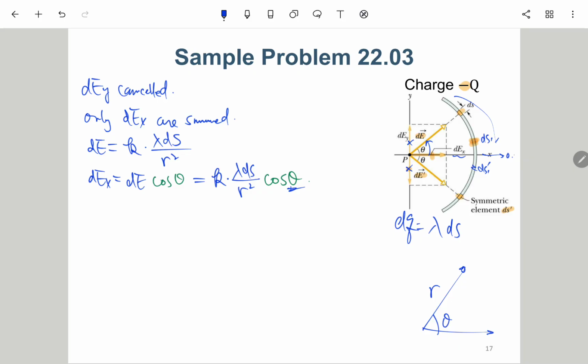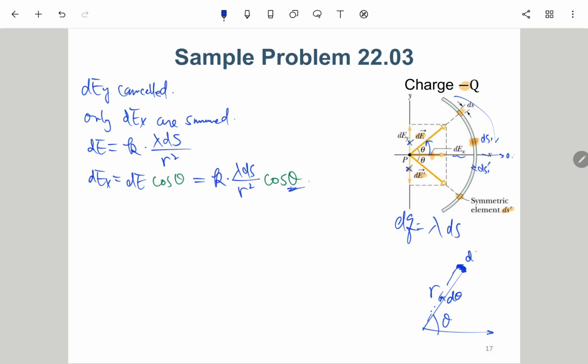So d theta will be like this. Suppose this theta is increased by a small amount of d theta, so this length will be ds.